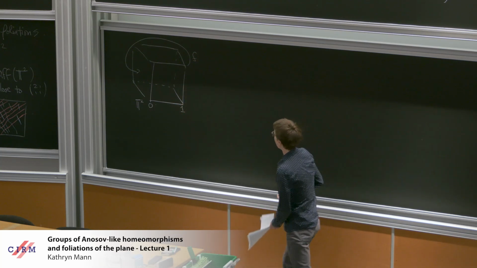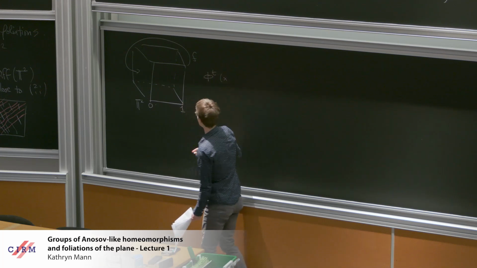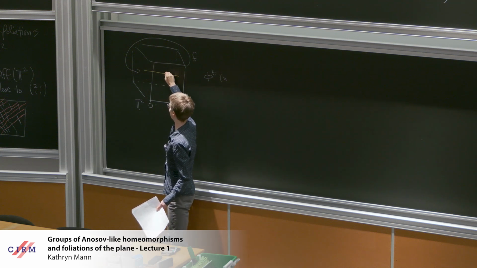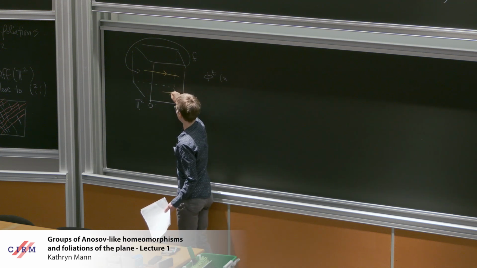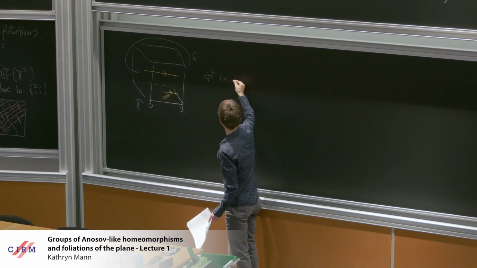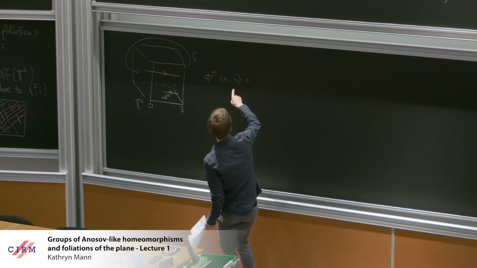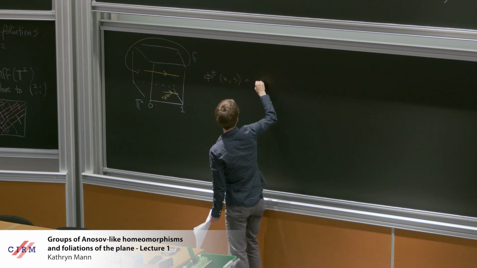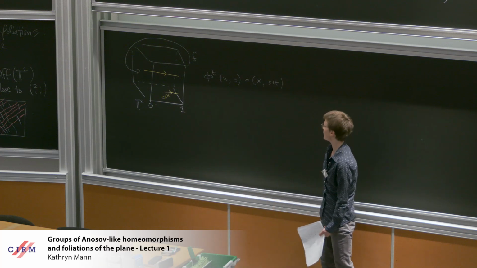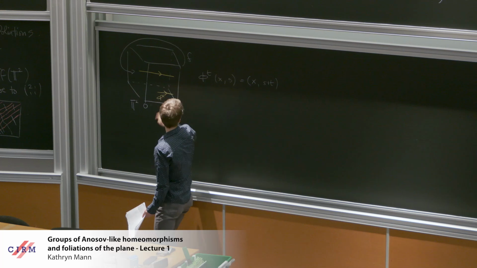And my flow, the suspension flow, is just the orbits of it. I instruct you to move in a straight line across at unit speed. All right, so phi_t of (x, s), say, where the torus was my first coordinate, is (x, s + t). But of course, modulo the gluing. So as soon as I hit the edge, I apply f, and I come back to where I should be on that start.